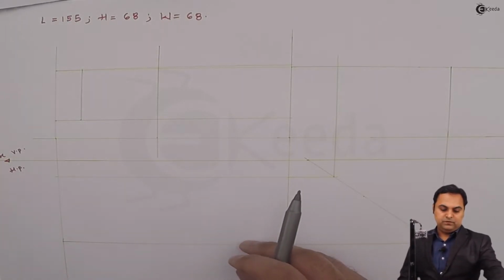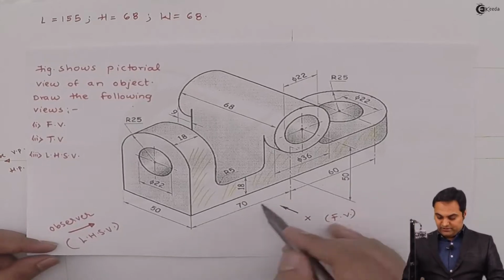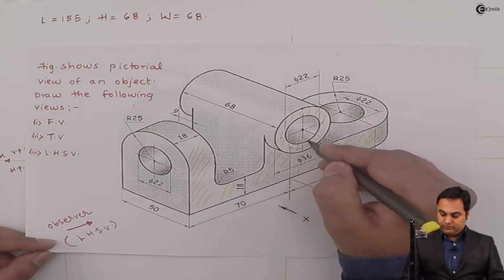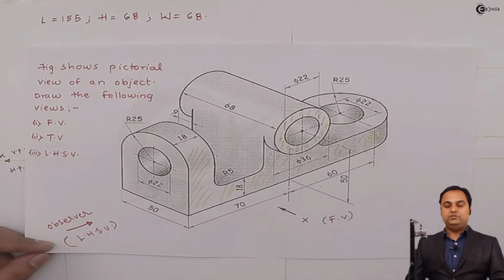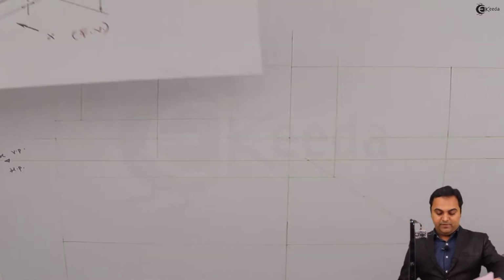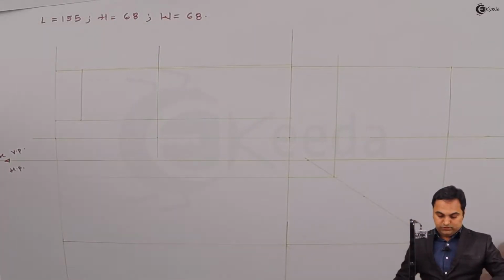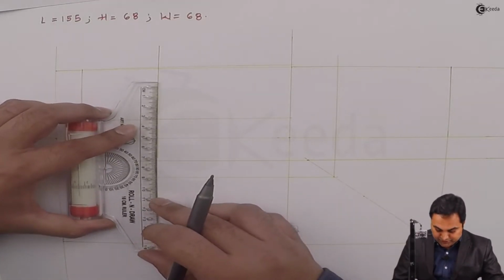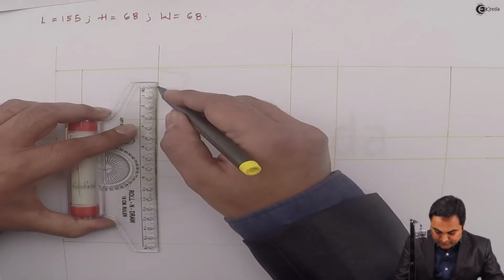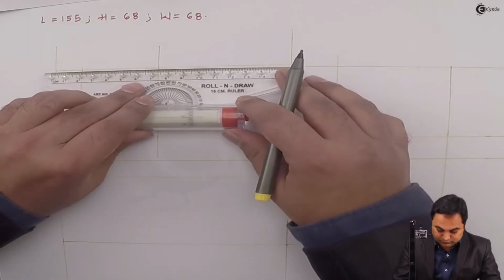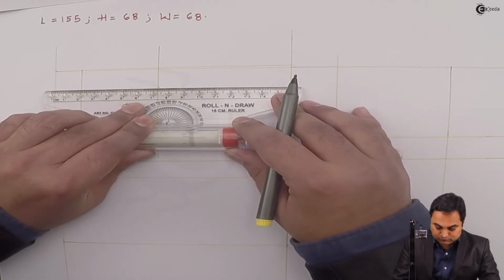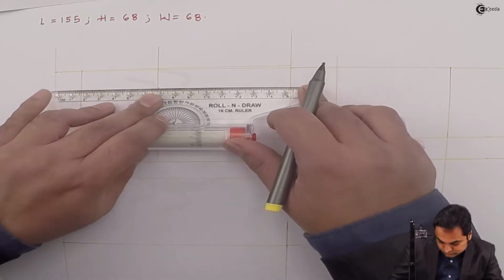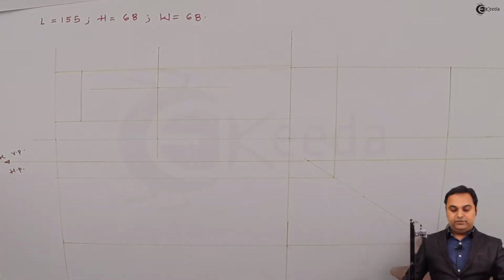Next, here after marking this center, we have this circular portion which will be visible from the front, so I will be drawing these two circles located at a height of 50 mm from bottom. So from bottom I'm going to measure the distance of 50 mm, drawing a light horizontal line through it.